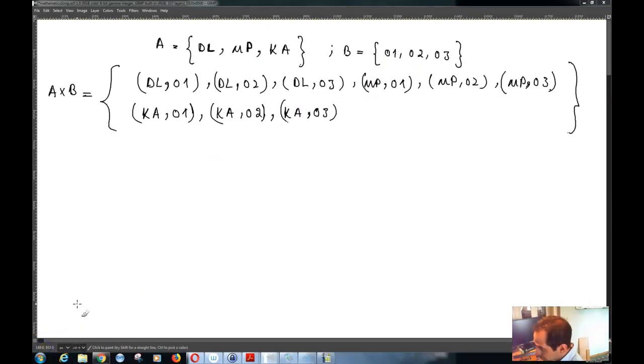Okay, so basically now you can see that we have 9 such pairs of the state name and the code coming after the state name, and you get 1, 2, 3, 4, 5, 6, 7, 8, 9 pairs of such combinations of codes, and also the order in which they appear.